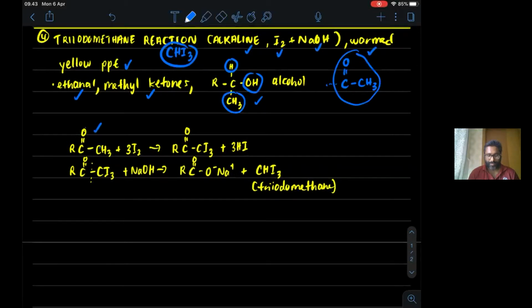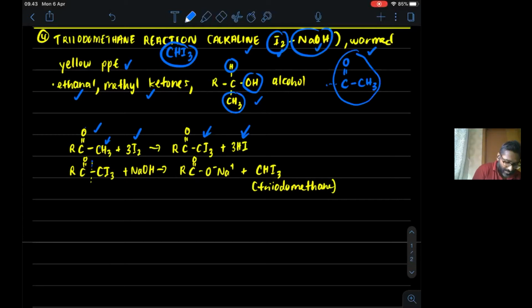When you react, because we have I2 and NaOH, what's going to happen? The I2 will substitute the hydrogen over there to give you this molecule, and then you are going to get the byproduct HI. But once you get this molecule, we do have sodium hydroxide, so a hydrolysis reaction is going to happen.